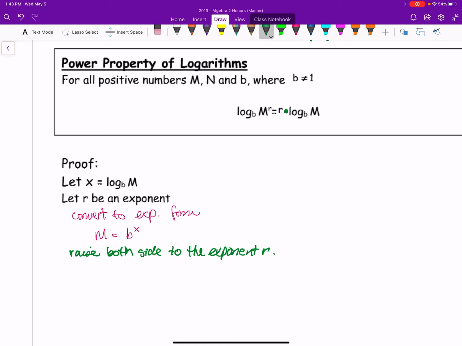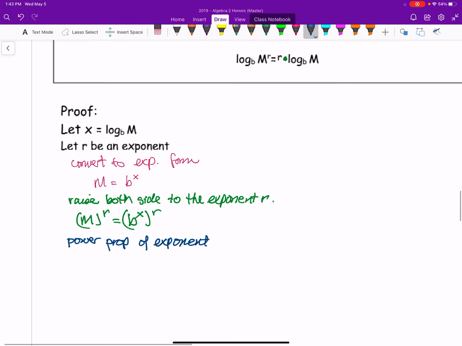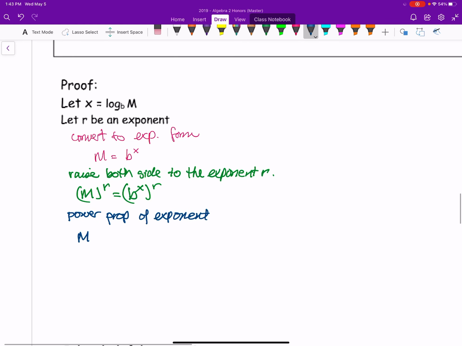So we're going to do m raised to the r and b to the x raised to the r. And then we have the power property of exponents, which is you multiply the exponents. So here we end up with m to the r is equal to b to the r times x. Or you could write x times r. I'm putting r first just because it's convenient for later.